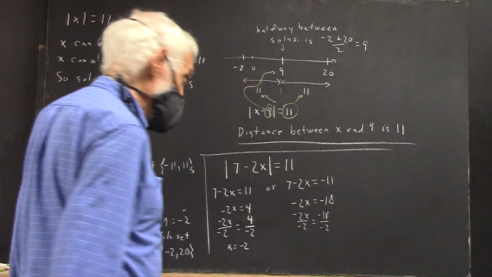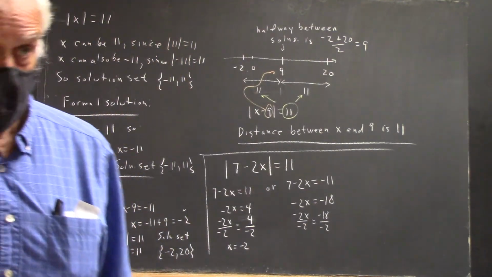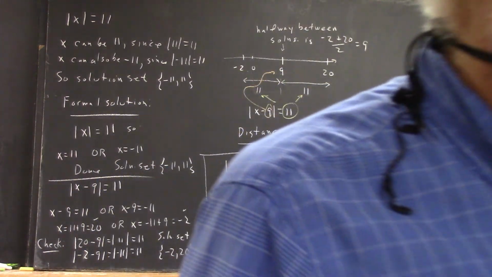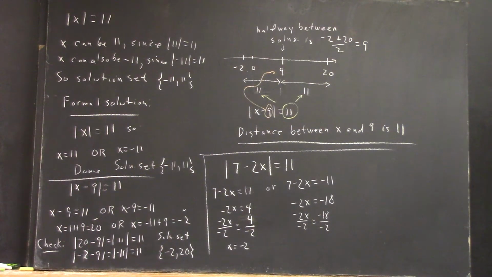And I do want you to get in the habit of writing out every step. I know you can skip steps on these simple problems, but if you're in the habit of skipping steps, you're going to be really sorry when we get to more complicated equations, okay? You want to get in the habit right now.